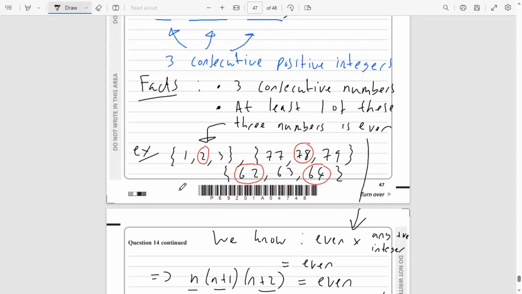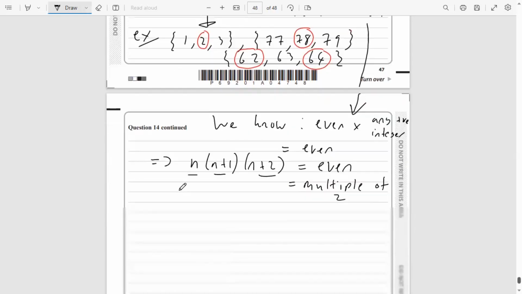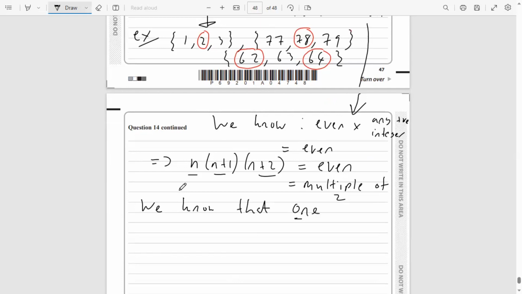Now, what else do we know about these 3 consecutive numbers that we're timesing together? We know that at least one of them is going to be even, but we also know that one of these 3 numbers is a multiple of 3. So we know that one of them is in the 3 times tables.